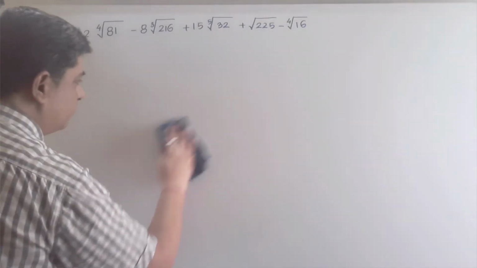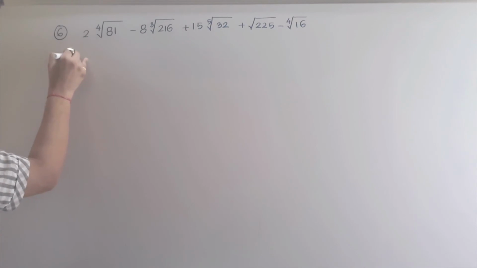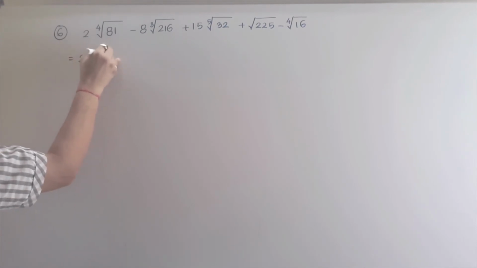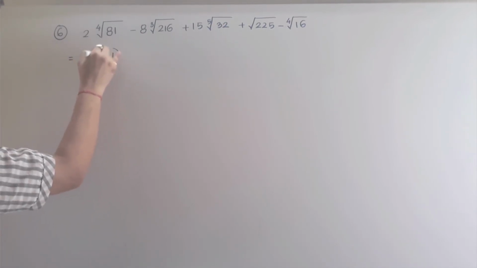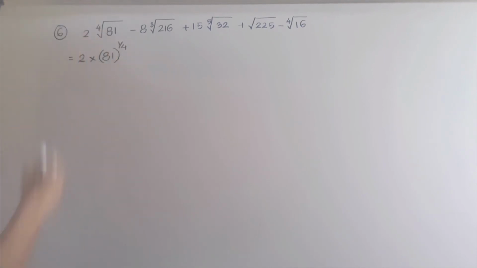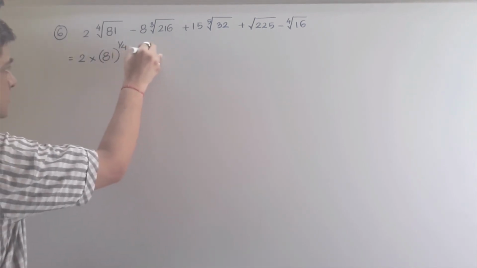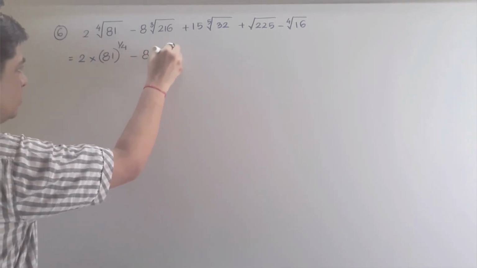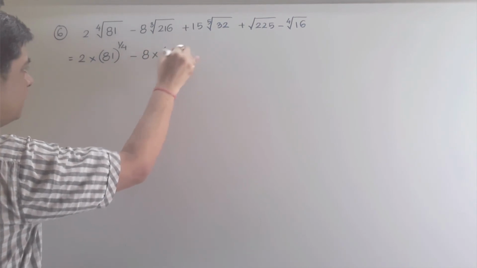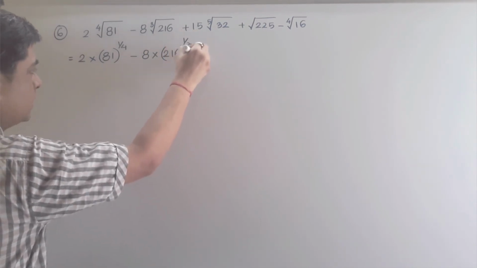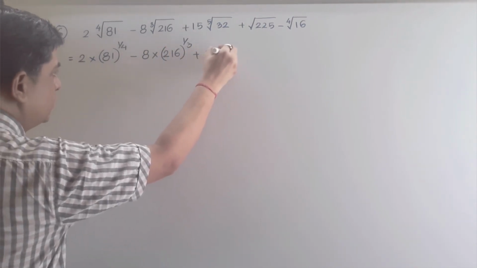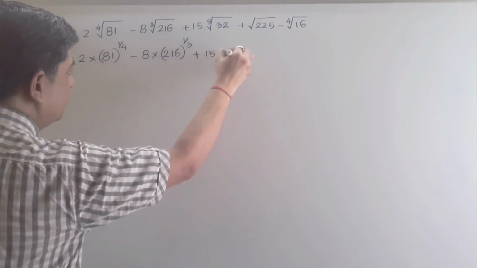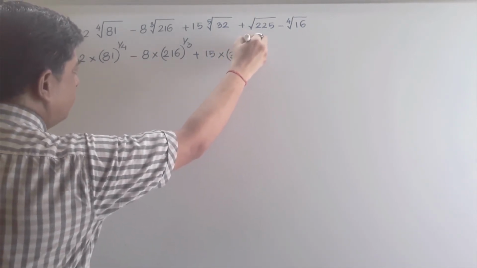So if I convert, this will be 81 to the power 1 upon 4, because 4 I will assume as 4 upon 1, it will become 1 upon 4, minus 8 into 216 whole power 1 upon 3, plus 15 into 32 to the whole power 1 upon 5.